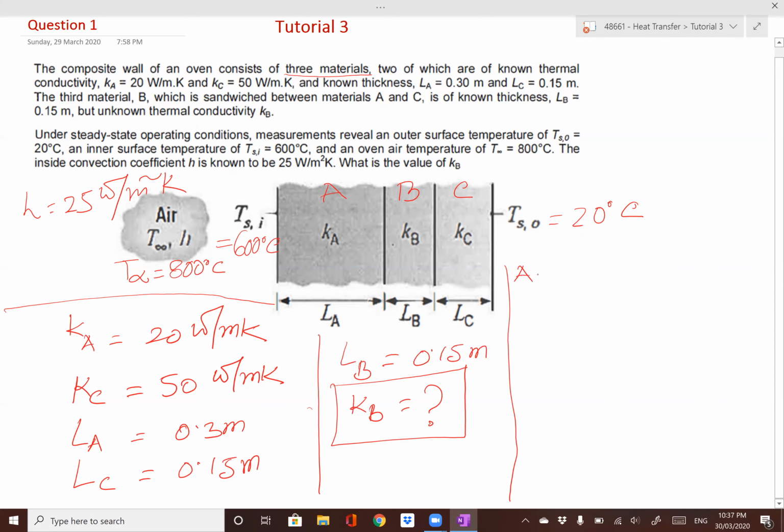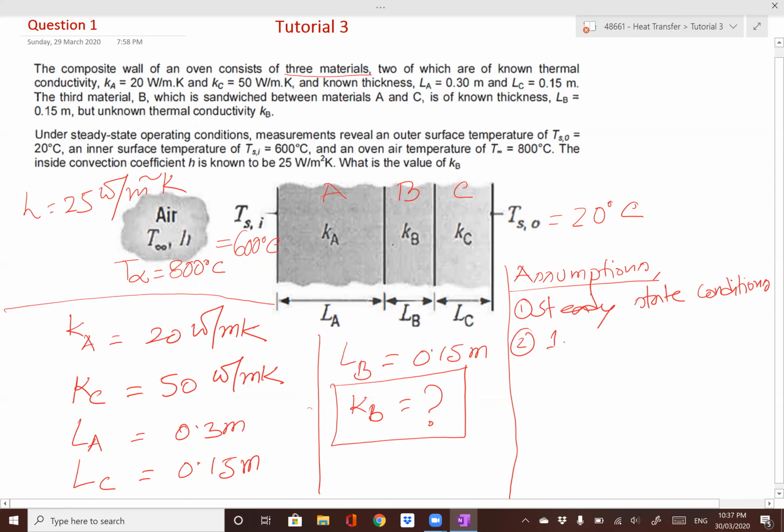Second, one-dimensional conduction, and constant properties.